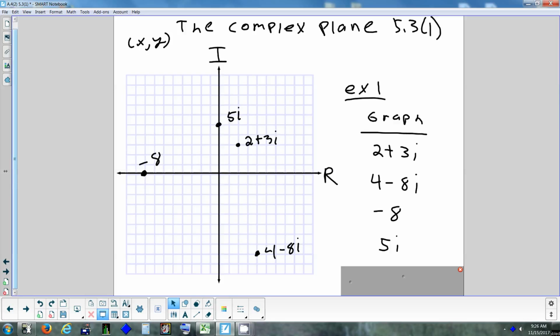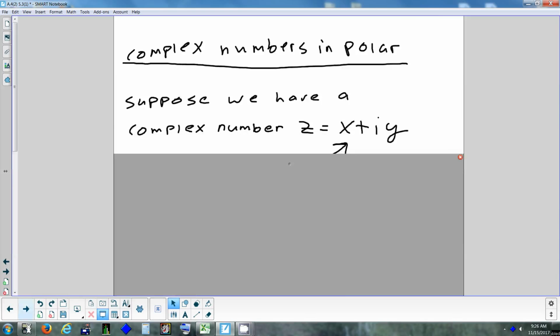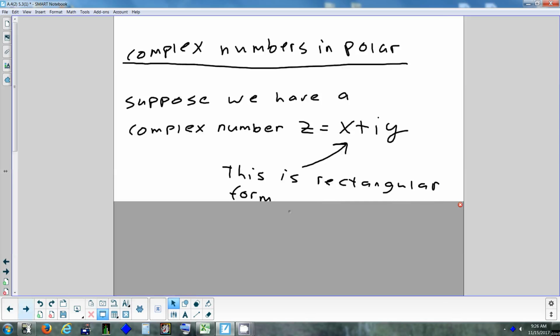All right. So now the last thing we're going to look at is what I mentioned that most of this section is about: how do you write complex numbers in polar? So the way you've been writing complex numbers, that's what we call rectangular.